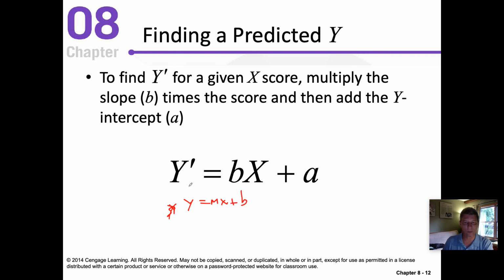It's the same format. y equals slope times x plus the y-intercept. Now we're just writing it as y prime equals bx plus a.